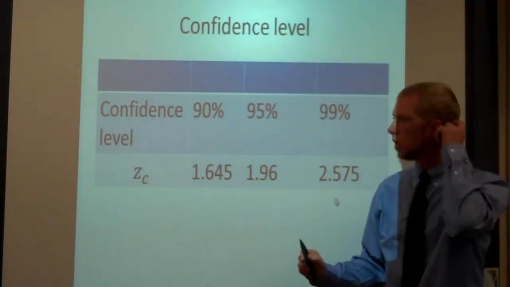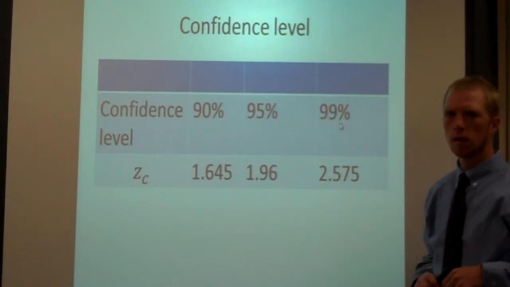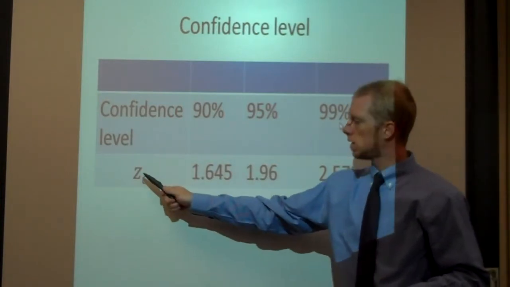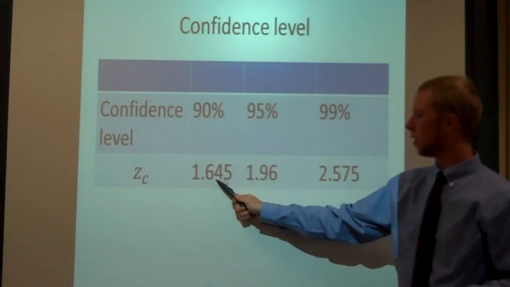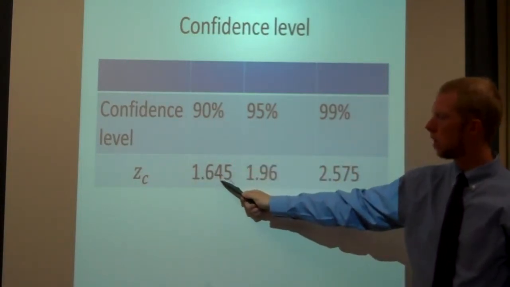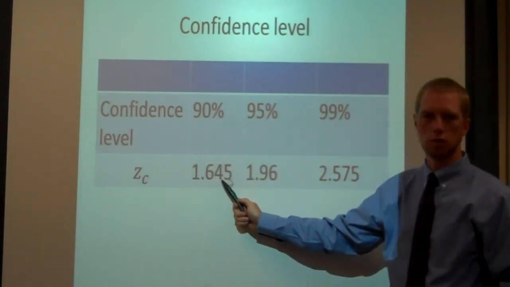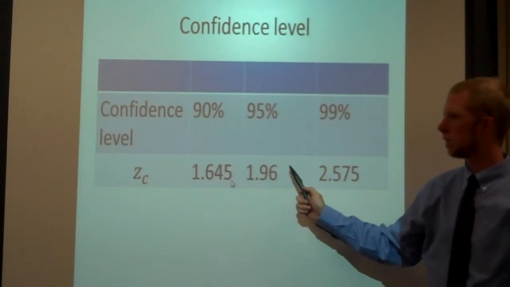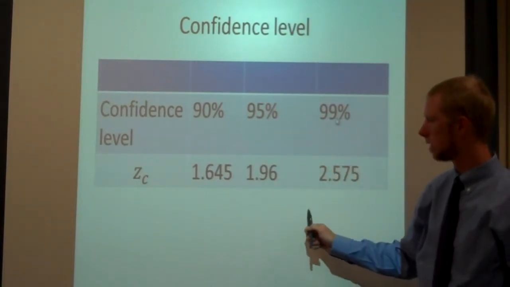Alright, with confidence level we need to know that most often we'll be using these three confidence levels. They all have a z sub c. The z-score of a 90% confidence interval will be 1.645, 1.96 for 95%, and 2.575 for 99%.